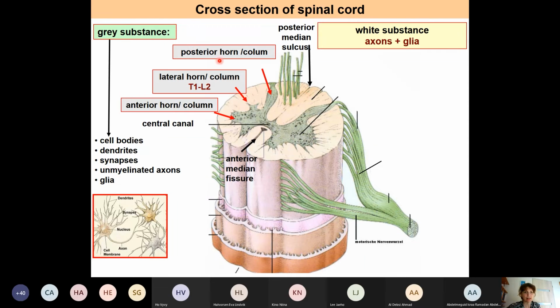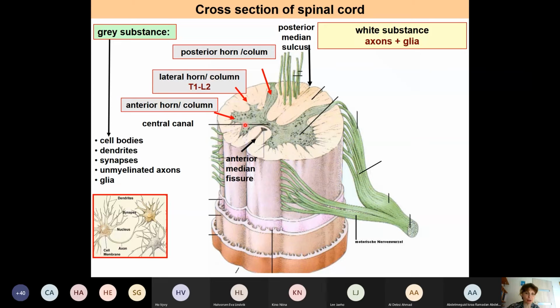And the gray substance can be divided in horns or columns if we speak about the three-dimensional structure. So we distinguish a posterior horn. This is a little bit elongated. It reaches the surface of the spinal cord.